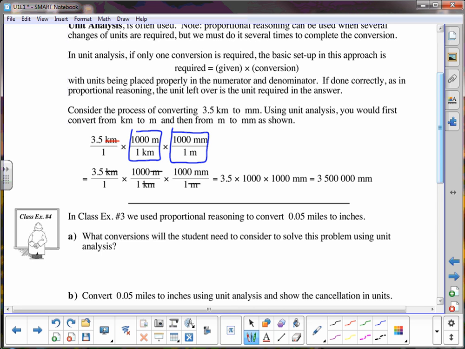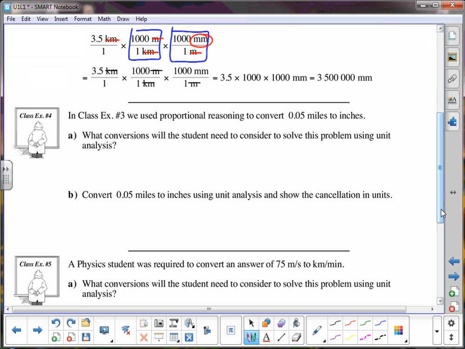So the kilometers reduce out, and then the meters are reducing out, and so we're converting from kilometers to millimeters. And that's the great thing with unit analysis. We can do it all at once instead of in steps. So in that last example of 0.05 miles to inches, instead of going through those 2 different steps, we can do it all at once.